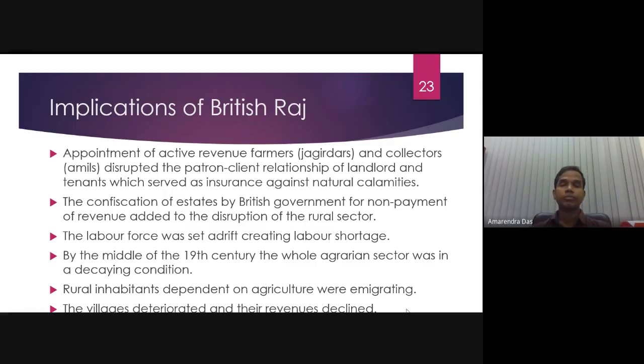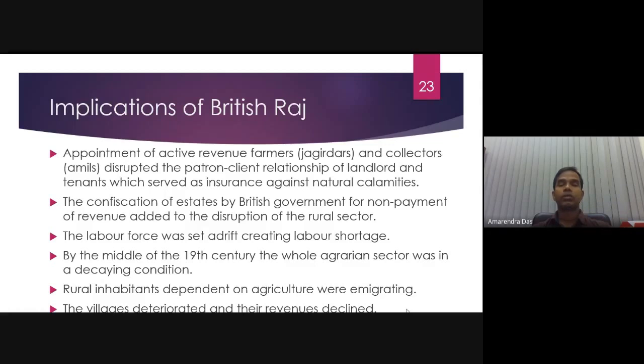And so that led to the confiscation of estates by the British government for non-payment of revenue, and that's how this disrupted the entire rural sector. The labor force was disturbed, and it created a labor shortage in the rural area also. And by the middle of the 19th century, the whole agrarian sector was in a decaying condition.